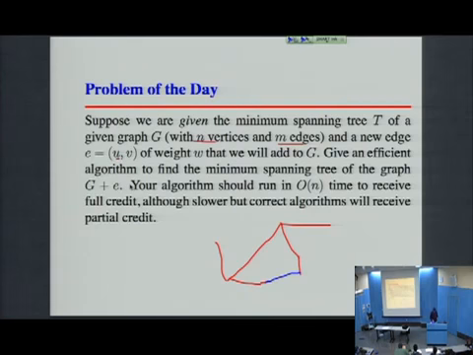I am now giving you a big complicated graph where I've got a minimum spanning tree in red and all other edges in my graph. I am now going to say, delete a particular edge. Now find the minimum spanning tree of what is left. Can anybody tell me about this one?